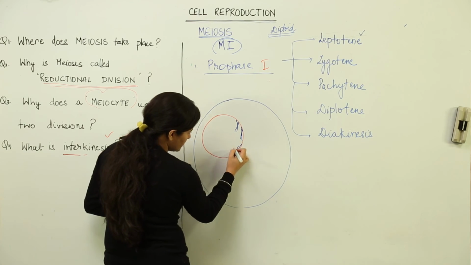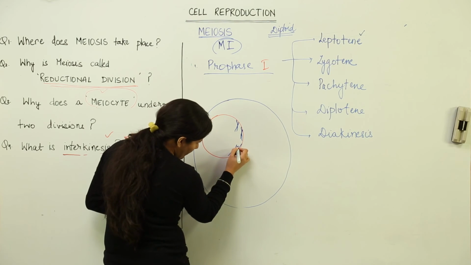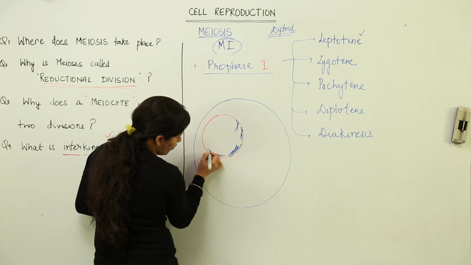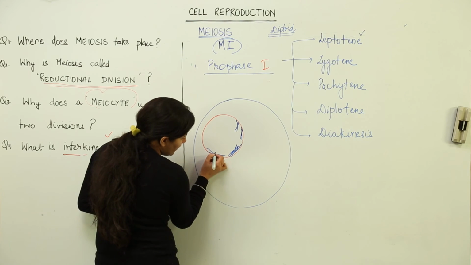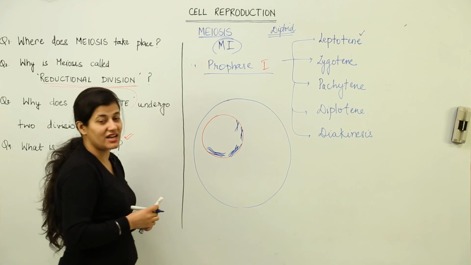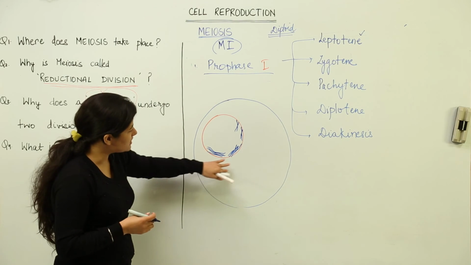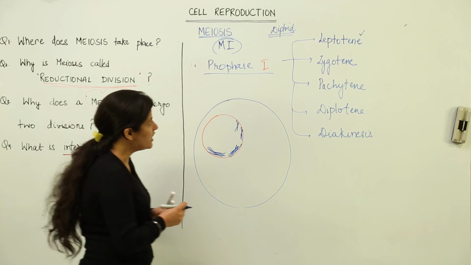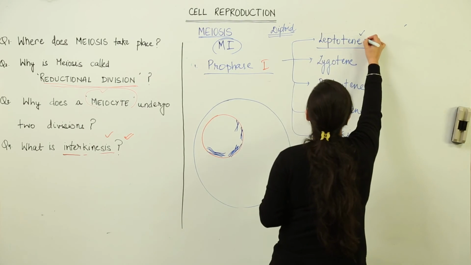They arrange themselves like this and somehow appear to be a single chromosome. Such is the stage of leptotene, where the homologous chromosomes are close to each other but not condensed completely. So we see it as a single chromosome attached to the nuclear membrane. That is the first stage, known as leptotene.